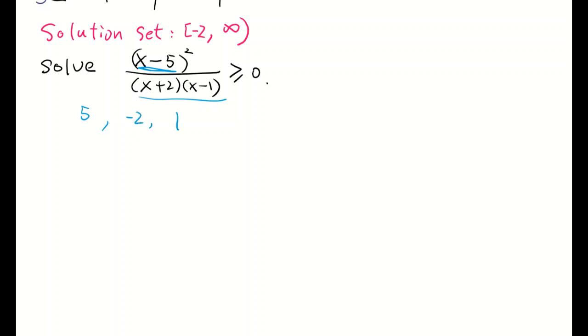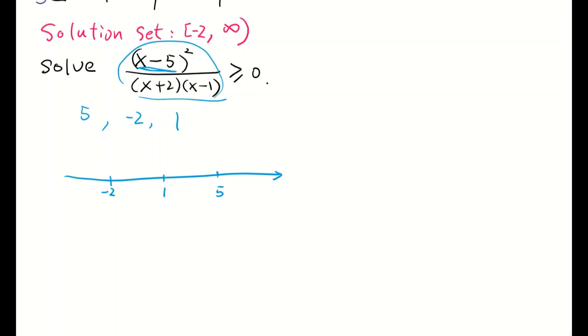Those 3 are the points we want to put on our number line. Put them in the right order: first is negative 2, then 1, and then 5. Next we want to decide if 5, negative 2, and 1 make the original inequality true or not.